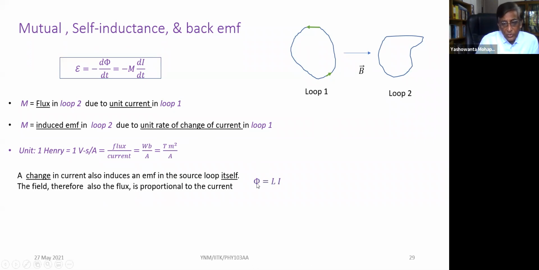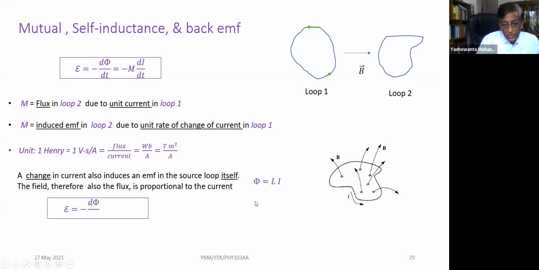So I could say that for the source loop, phi is equal to L i. Even if there is only one loop and I run a current I, there's an associated flux with it. Since there is no other loop, instead of mutual inductance, the constant of proportionality between flux and current I is called the self-inductance.